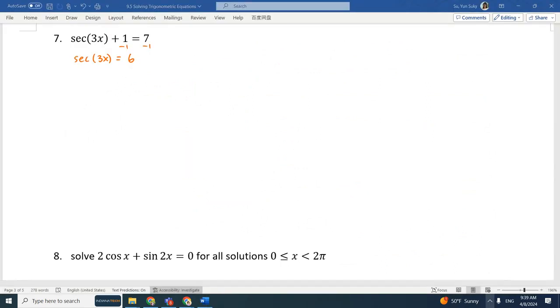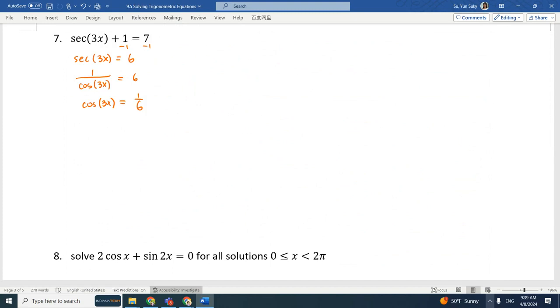So secant is 1 over what? Yeah, secant is 1 over cos. Therefore, the cosine is the reciprocal. Reciprocal of 6 is 1 over 6. Is that okay, everybody?